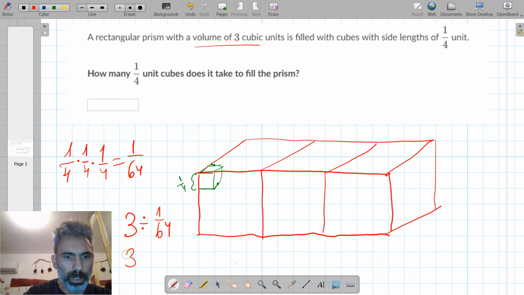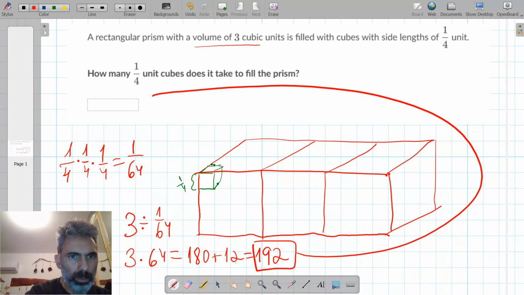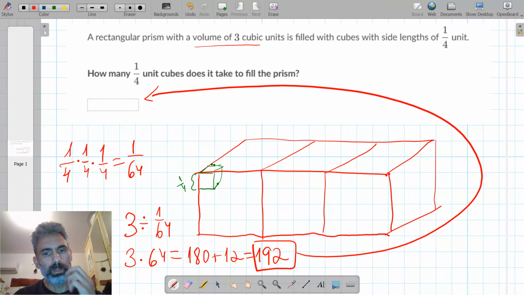So we multiply 3 times 64, which is 3 times 60 is 180 plus 12, which is 192. So 192 little cubes are required to fill the rectangular prism.